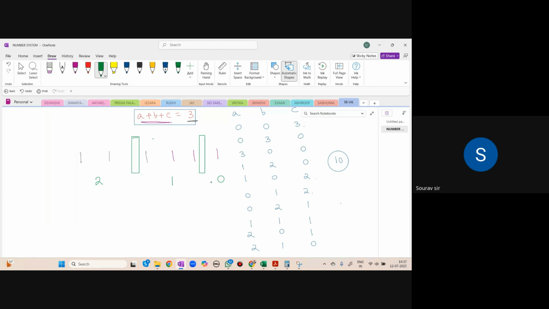So what I have done is I have taken this number 3 and broken it down into 3 ones. Then I took these 3 places and introduced 3 dummies.